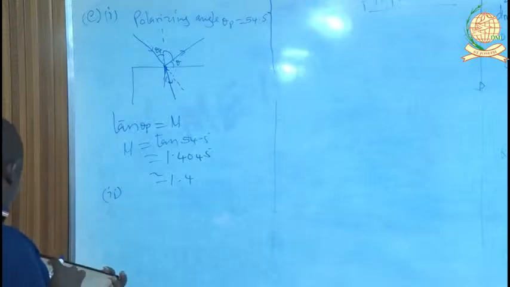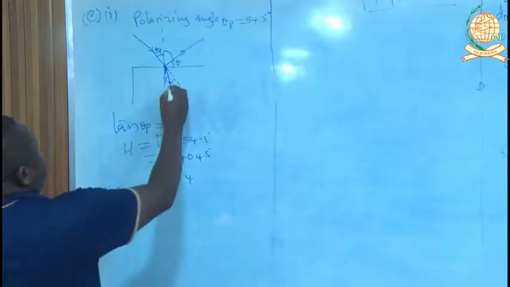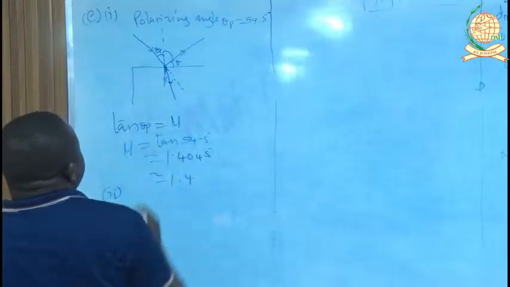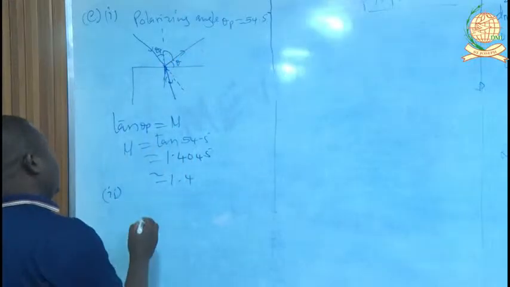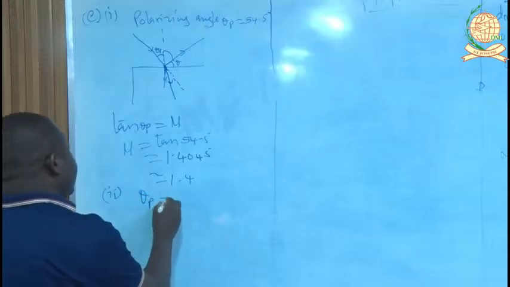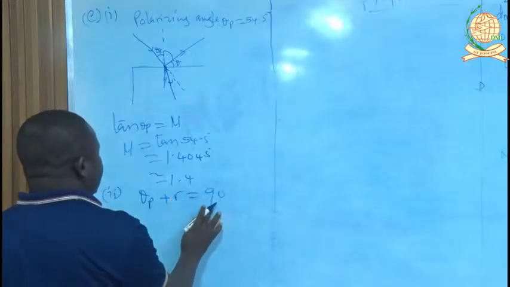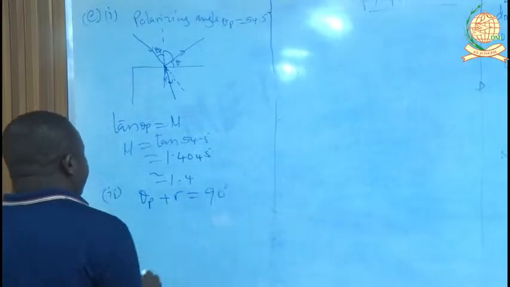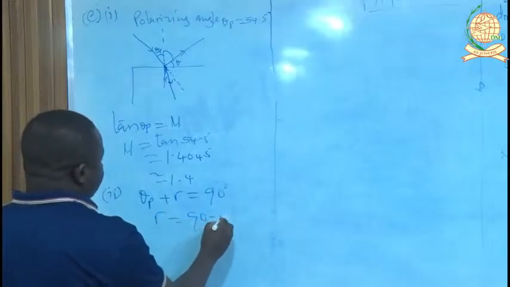What is the angle of refraction of the transmitted beam? For completely plane polarized light, the angle of polarization plus the angle of refraction is equal to 90 degrees. This is the case, so the angle of refraction is 90 minus the angle of polarization.